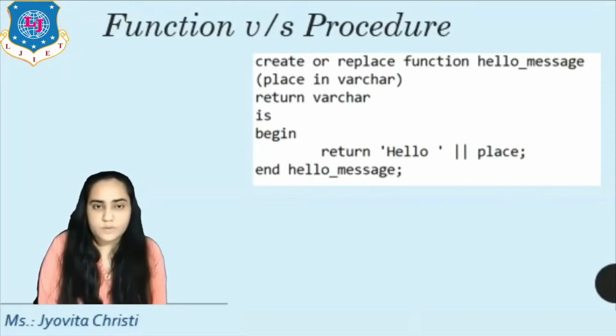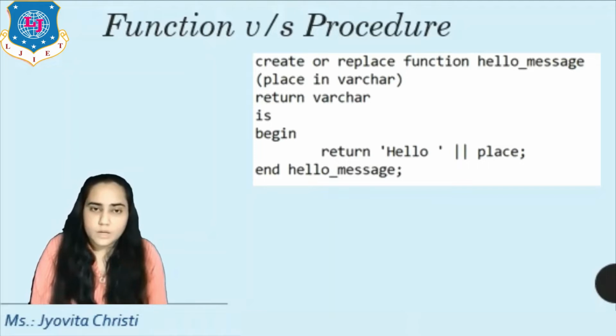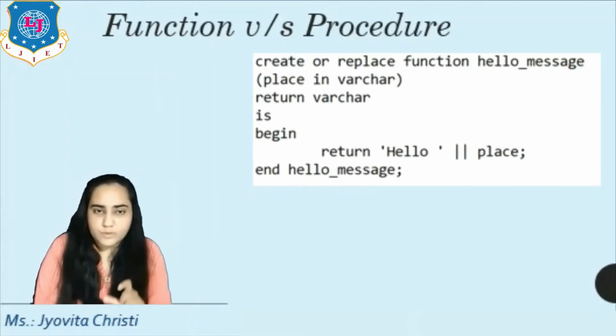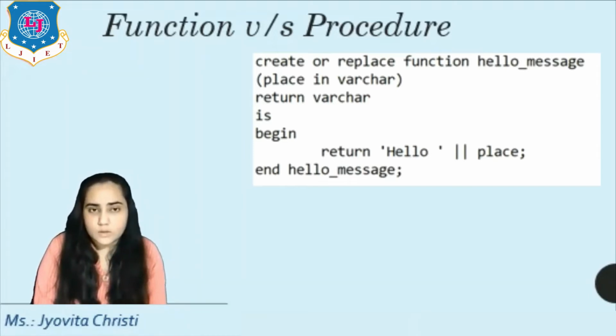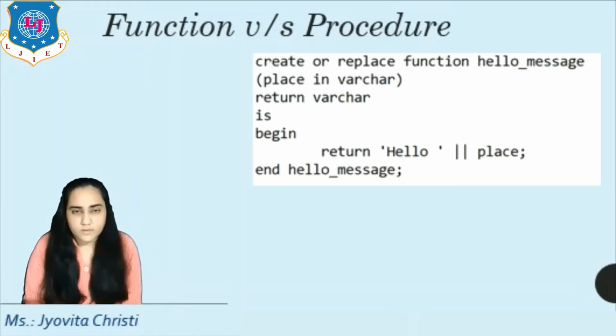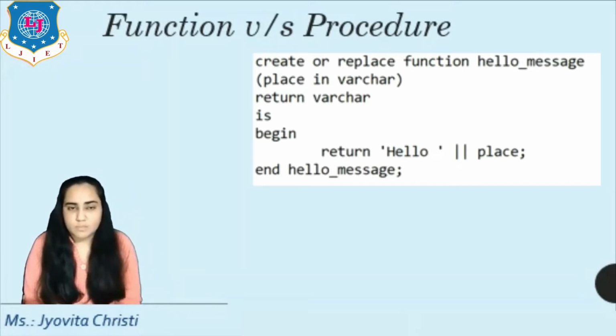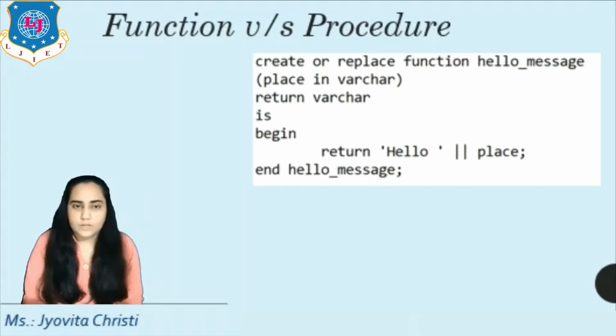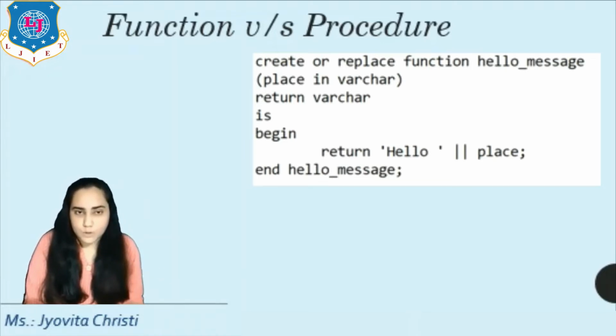This subprogram that we have here is different from a procedure because, number one, instead of writing the keyword procedure, I have used the keyword function. So it is a function and not a procedure. The difference is that instead of just implementing the action, there is also something being returned.